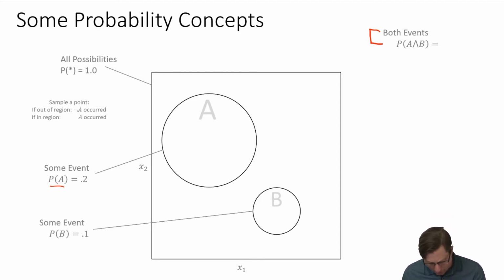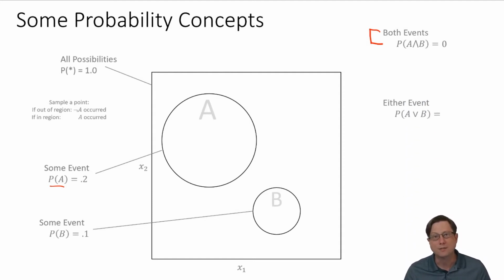That means you draw a point at random, and what's the probability that the point you've drawn is both in A and in B? I'm sure you've seen this math 100 times, this is second nature to you, but we're just reviewing a few things here, and you can see that probability is 0 because A and B don't overlap. So you cannot pick a point in this instance space that is in both A and B.